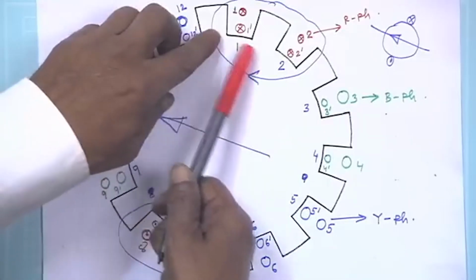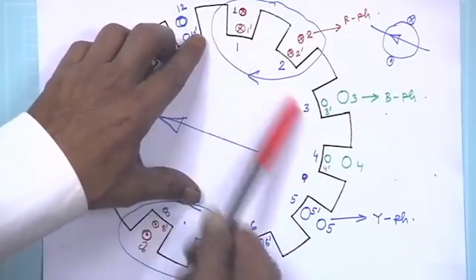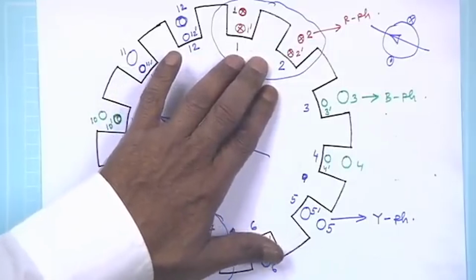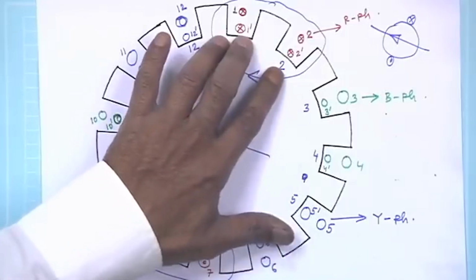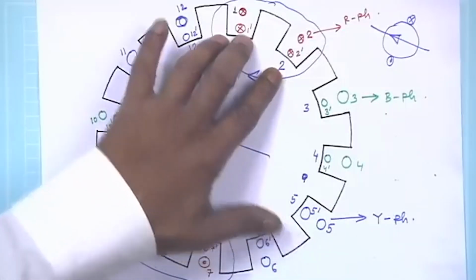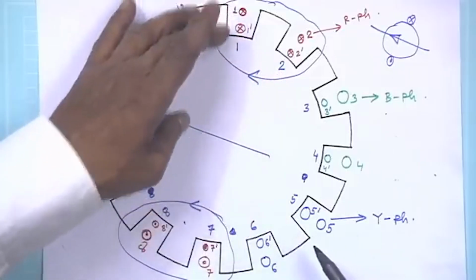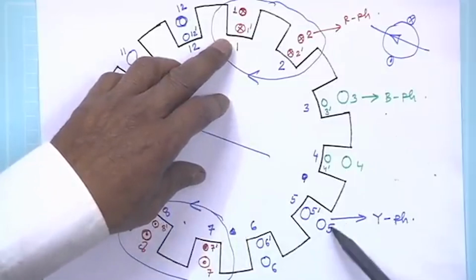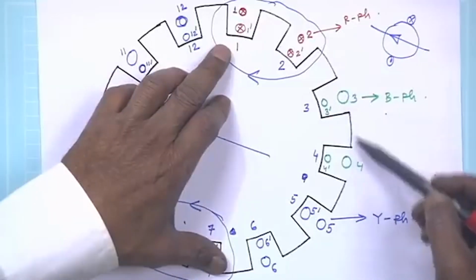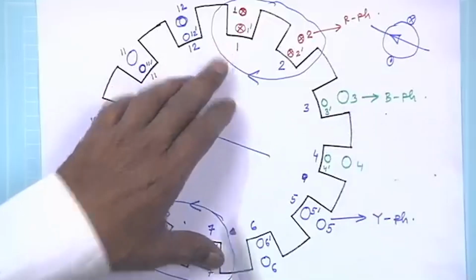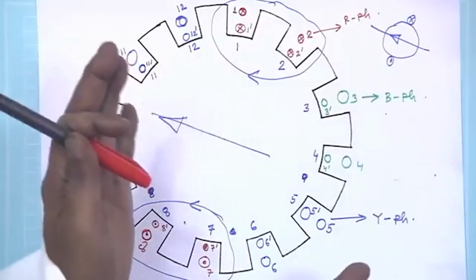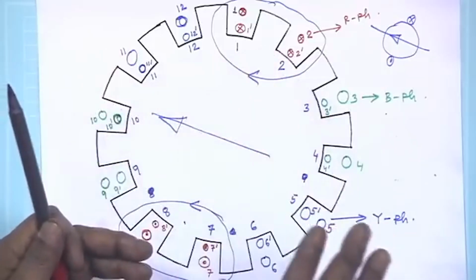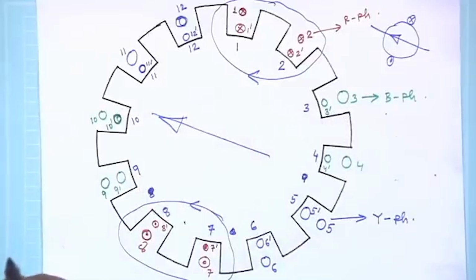You see, if you consider 180 degree, this is the R phase conductors, 2 slots are allotted. 2 slots are allotted to Y phase conductors, these 2, and 2 slots are allotted to B phase conductors. So, each 180 degree is shared equally by R phase, Y phase and B phase.